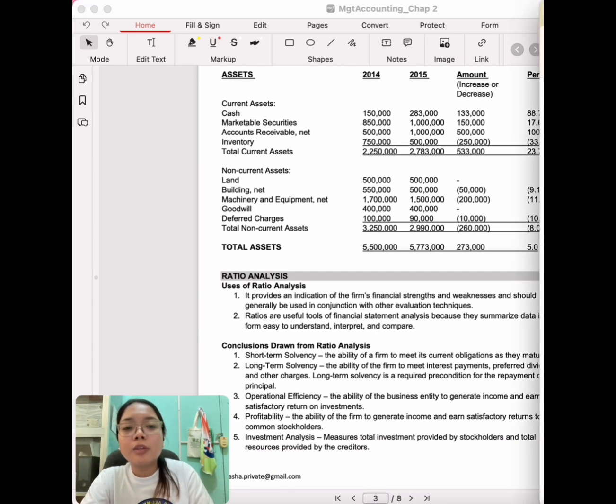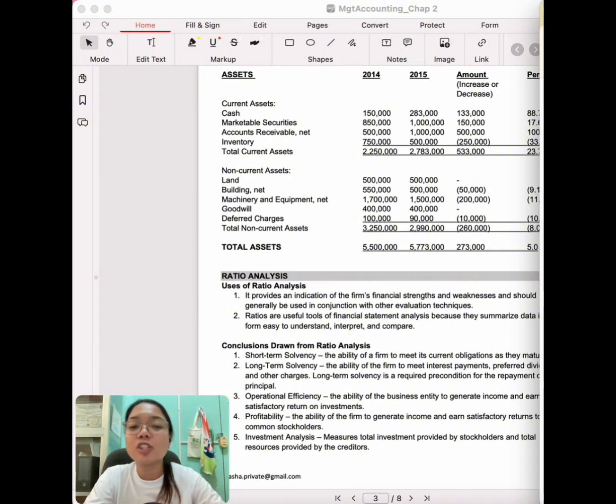Okay. So, for the vertical analysis naman, the third method, vertical analysis expresses each item on a financial statement as a percentage of an appropriate base amount. So, these are also called the common size statements. For an income statement, the base is yung total net sales, which is expressed as 100%.